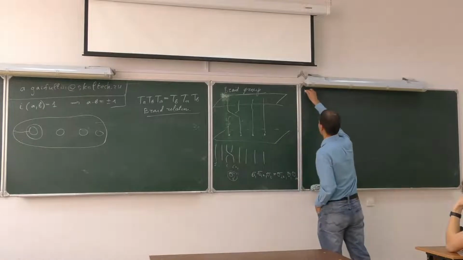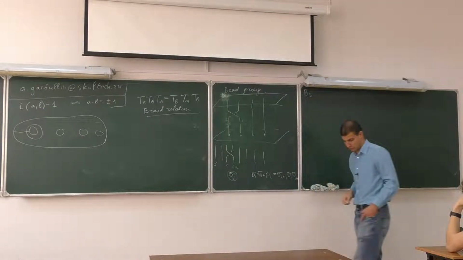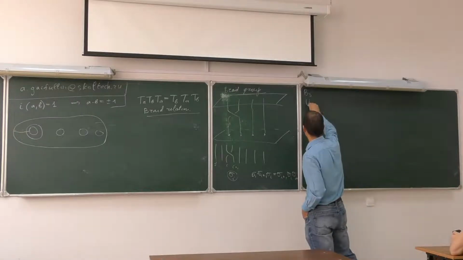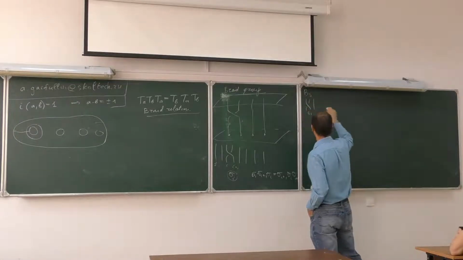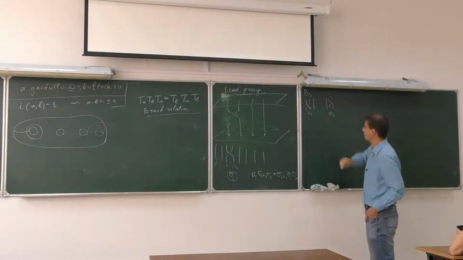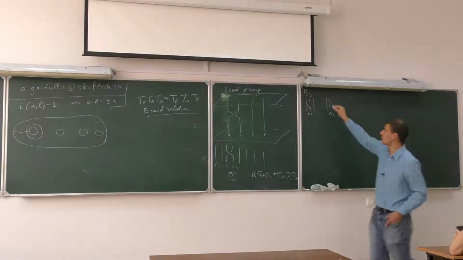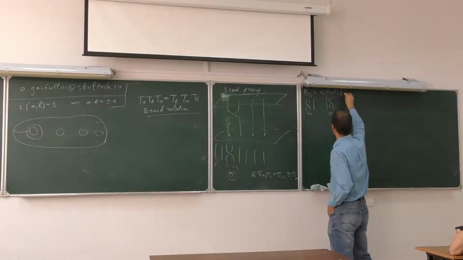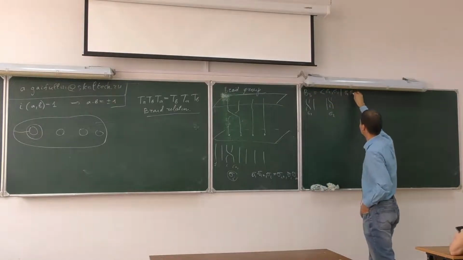For instance, the braid group on 3 strands: we have this generator sigma 1, we have generator sigma 2, and this is exactly the group given by these 2 generators and a single relation.